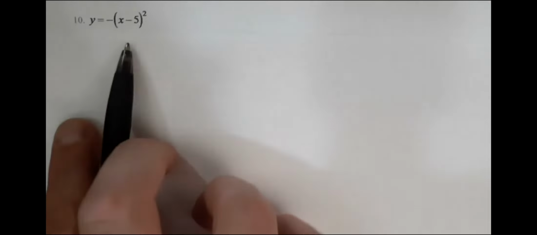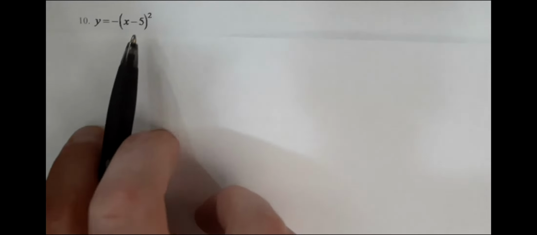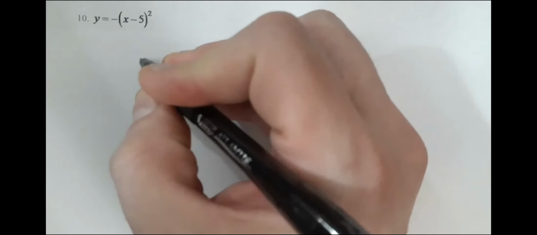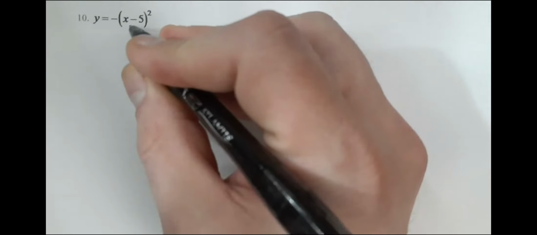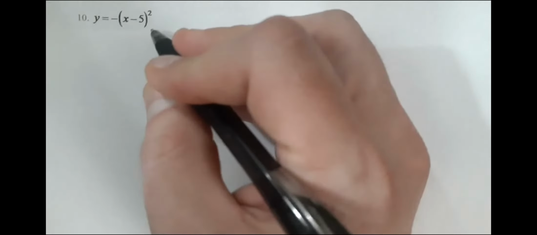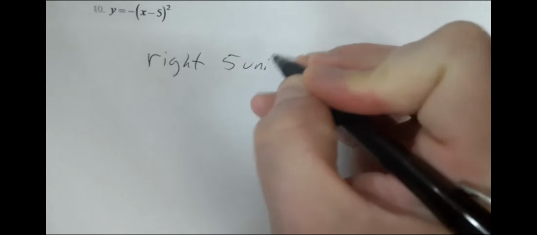Okay, so I want to look at this thing sort of inside out. So this minus 5, I want to see what's happening to this minus 5 first. If I think about minus 5, this is on the inside of the function. So this should be looking left or right. So if I'm looking at minus 5, that should be moving it to the right 5 units.